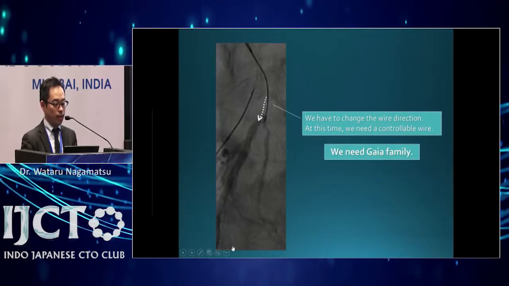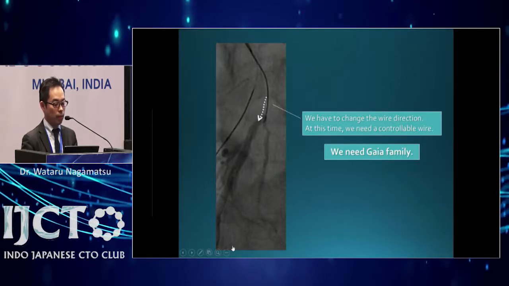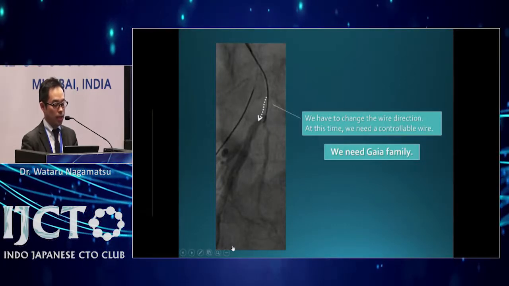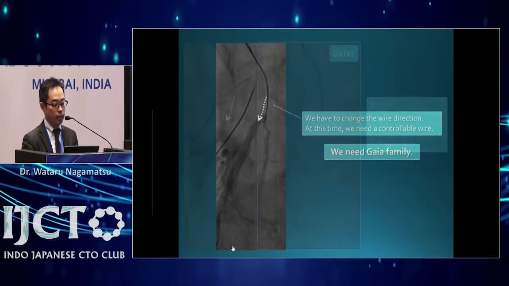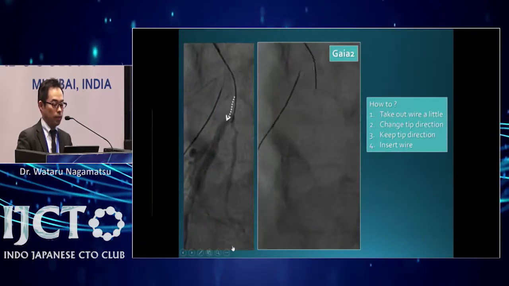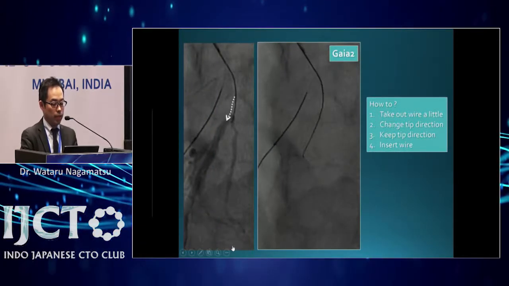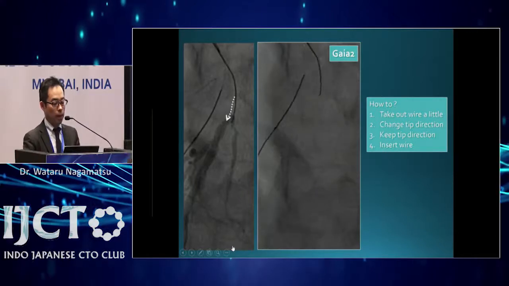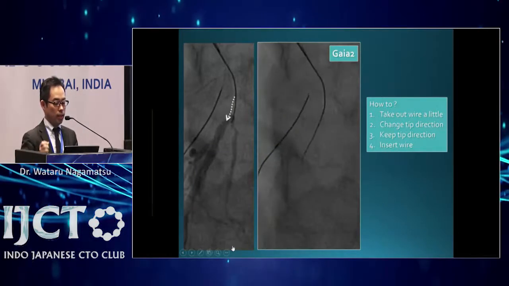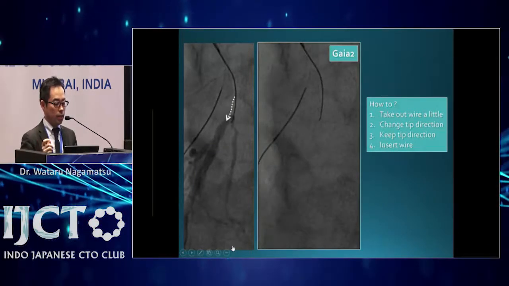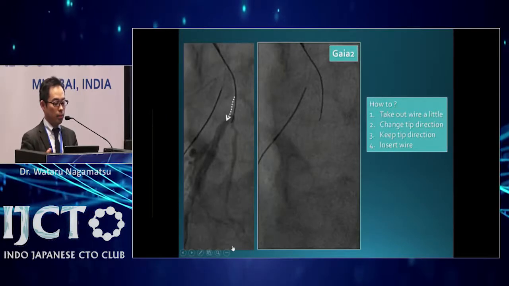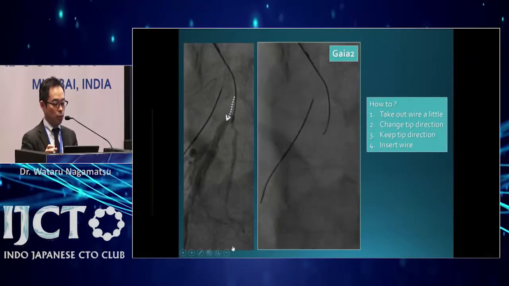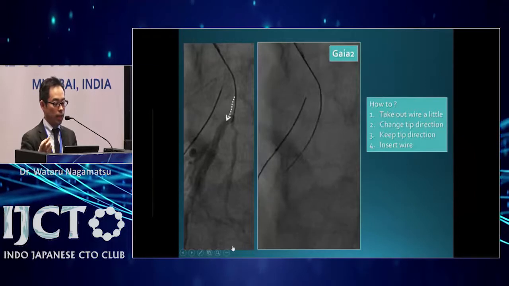So in this case, firstly I used the intermediate wire, and after that I changed to the Gaia Second wire. It is a very easy way to manipulate using the Gaia Second wire. Once take it out a little bit and change the tip direction. This is the key point. Please be careful and look at this guide wire tip direction.